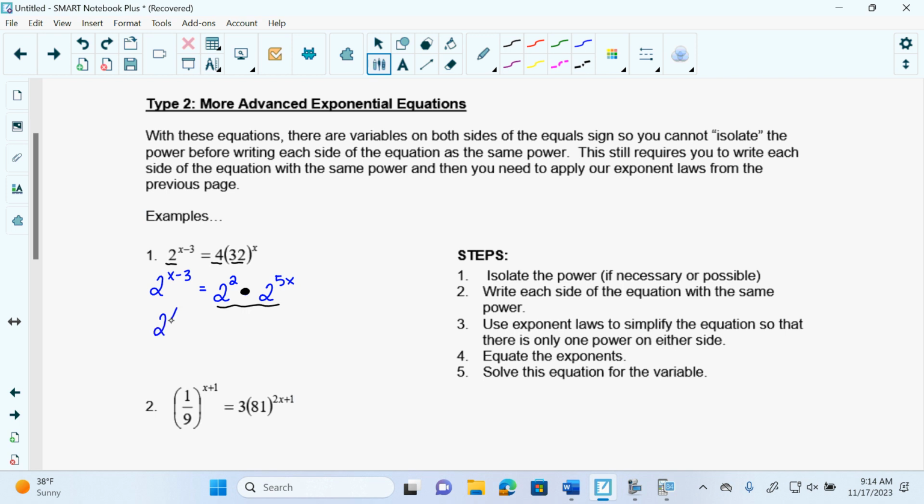So we have 2 to the x minus 3 equals 2 to the 2 plus 5x. Now do I have two bases, one on one side, one on the other? Are they the same? Yes, so now I'm back to where I was on the previous page, and I can just set the exponents equal, right? 2 to the something equals 2 to the something. I can set the somethings equal. So I'm going to go x minus 3 equals 2 plus 5x.